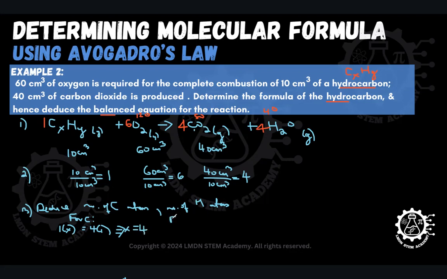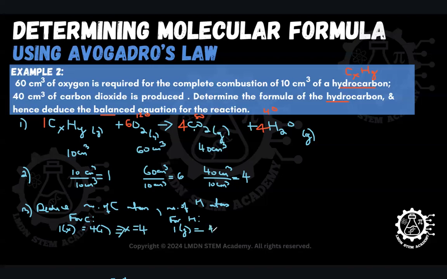All right, so let's do the same thing for hydrogen now. On the left-hand side, we see that it's 1 times Y for hydrogen. And that's going to be equal to what's on the right for hydrogen, which is 4 times 2.